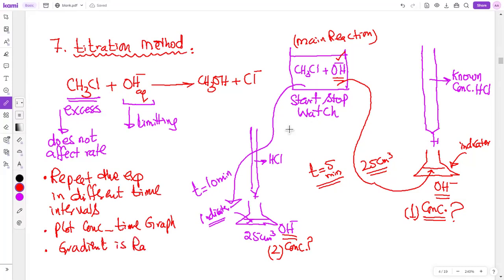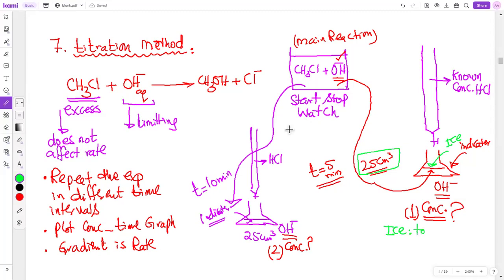No. Okay. There's one more point which you need to keep in mind. Each time when I take, let's say, 25 cm cube in this conical flask, I will add ice in this conical flask so that the reaction is quenched. Quench means the reaction is stopped.